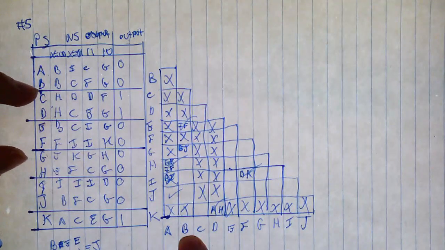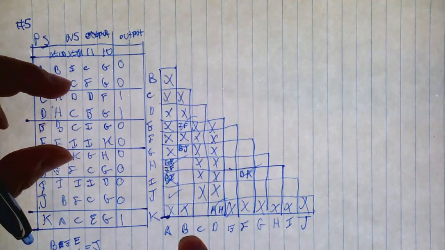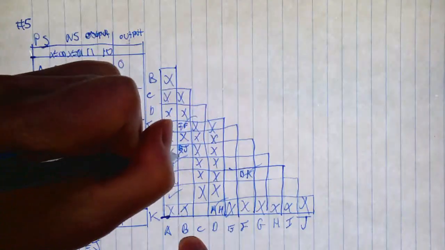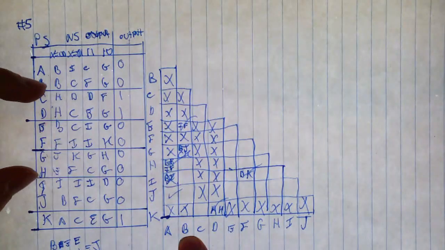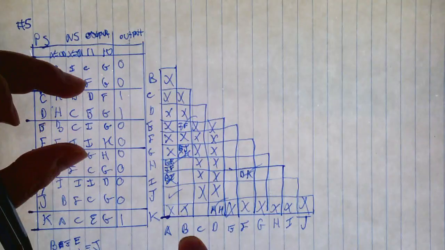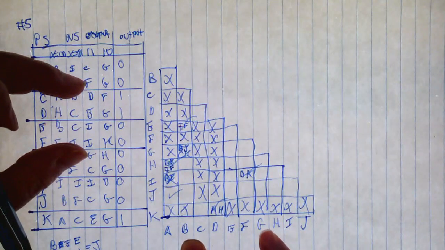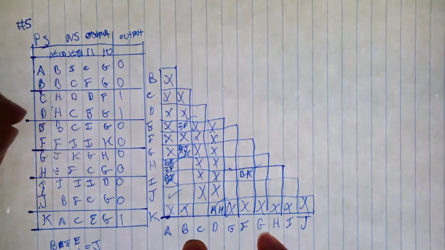So for B and G, B and J, C and K, that's not too bad. So B and G needs C and K, F and G and H. G and H. So these are a bunch of interesting things. Let's look at some of this stuff.